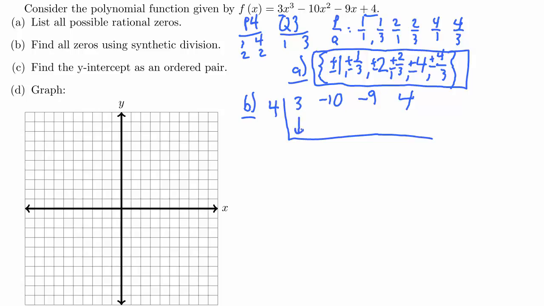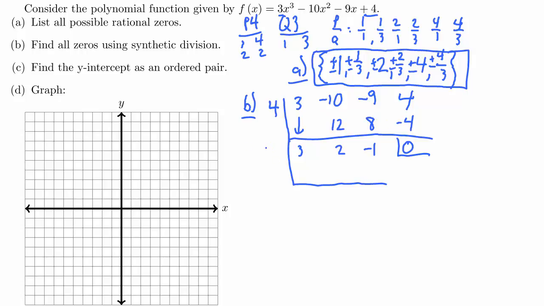So bring down the 3, multiply, add, multiply, add, and multiply. So it gives you 3, 2, and -1. And notice that I got a 0 at the end. That means f of 4 equals 0, which means 4 is a zero. By the way, the x-intercept at that point would be 4, 0.